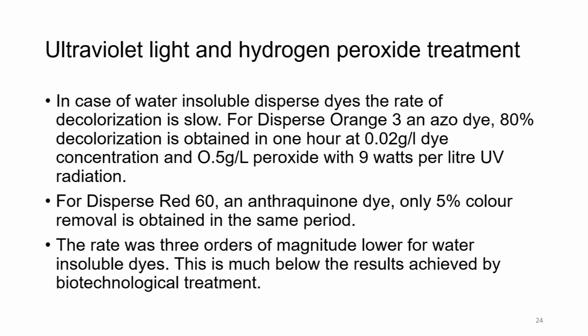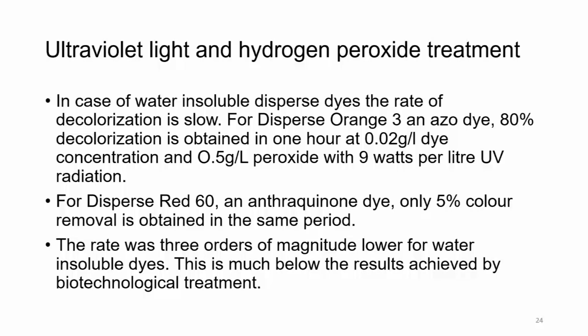So, it does not work that effectively for dispersed dye as what it works for direct dye, acid dye and reactive dye. For dispersed red 60 and anthraquinone dye, only 5% color removal is obtained in the same period. So, it is even worse in the case of dispersed red 60.